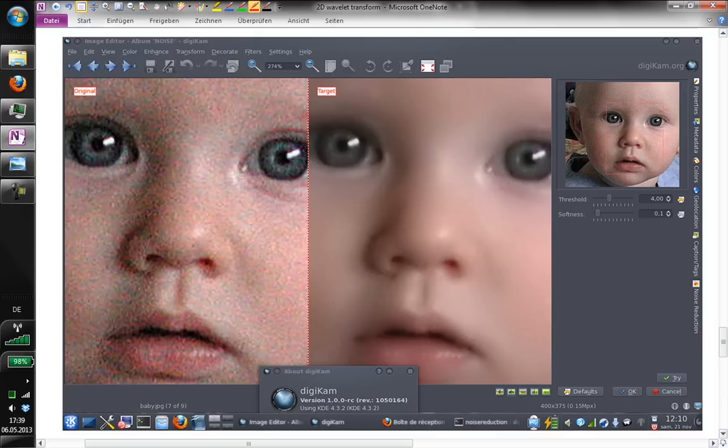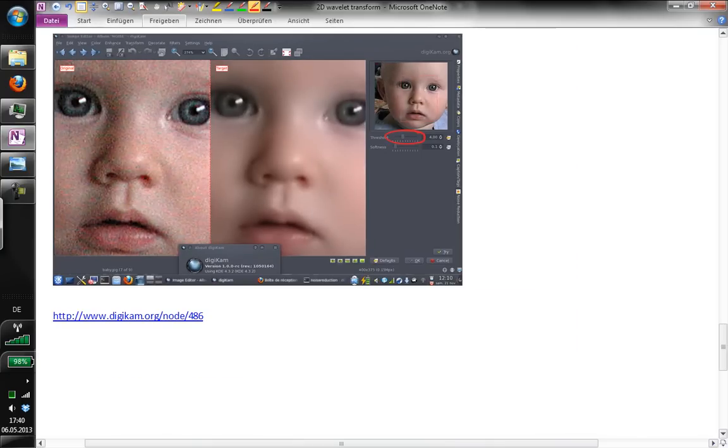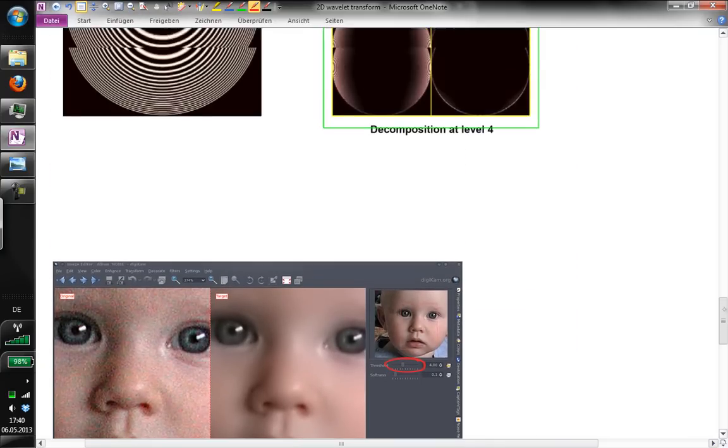You see the Bayer pattern and all, and on the right hand side what you get if you discard some fraction of the wavelet coefficients. So you see a slider here where you can adjust a threshold, and then you get out a baby with a much healthier skin. Beauty of signal processing.